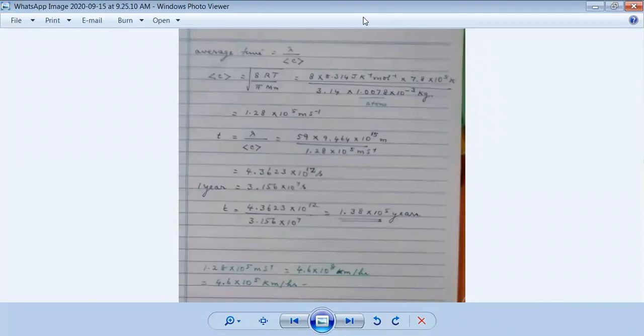I think I can annotate. This whole thing has to be taken power half.